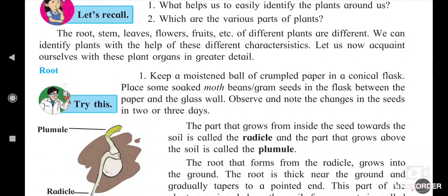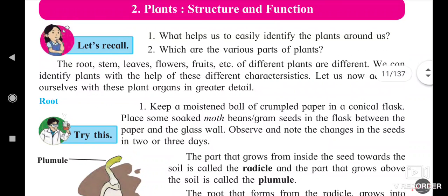In the previous year we studied the different parts of the plant, that is root, stem, leaves, flower and fruit, and their characteristics.